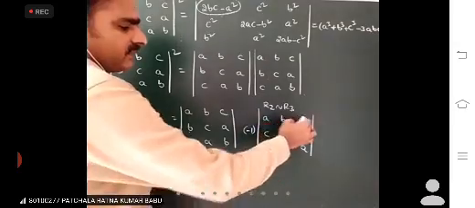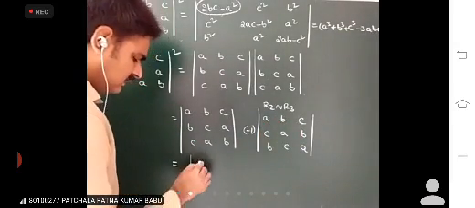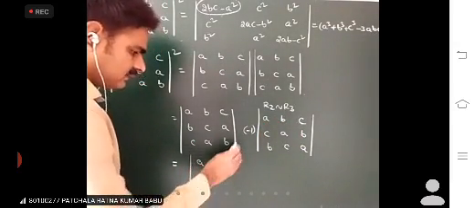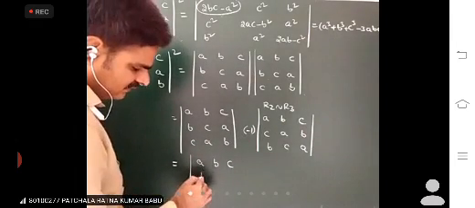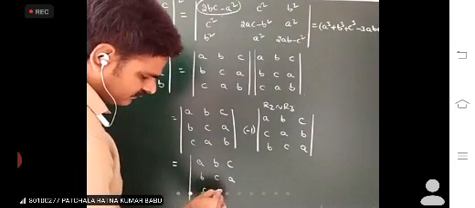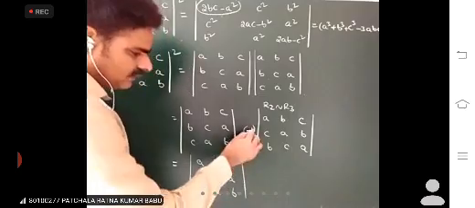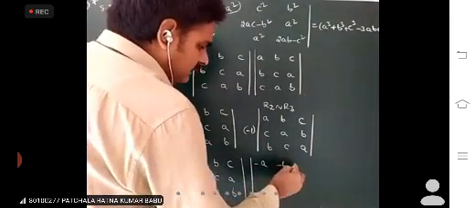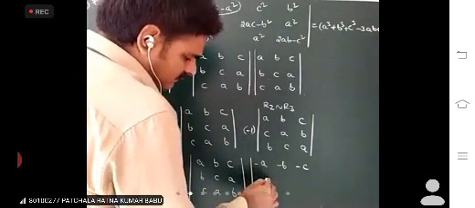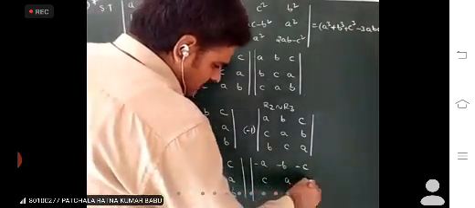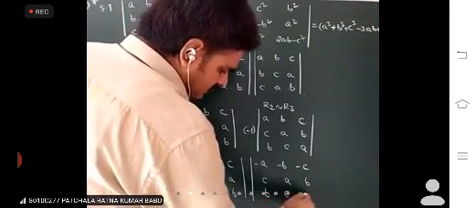Multiplying this negative sign with the first row: minus 1 into A, minus A; minus 1 into B, minus B; minus 1 into C, minus C. The second row and third row stay as is. Please note down or take a screenshot first.